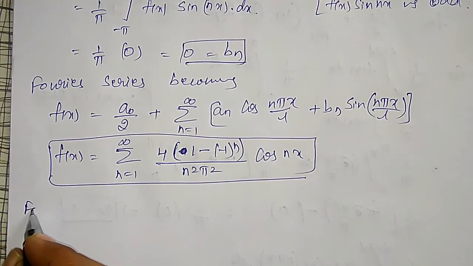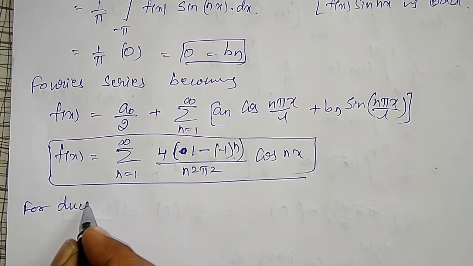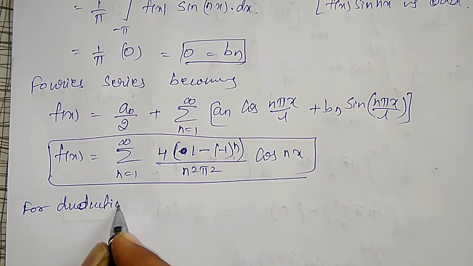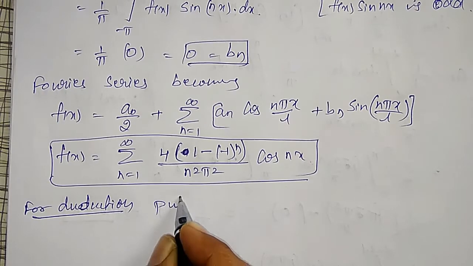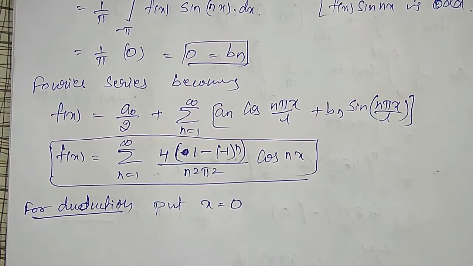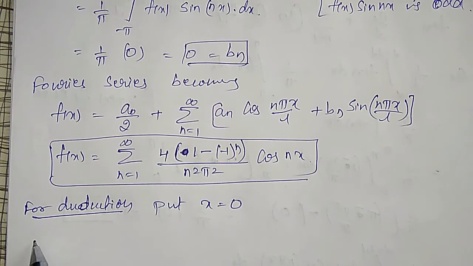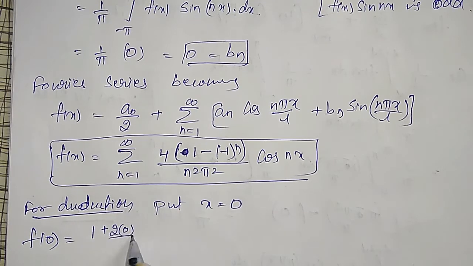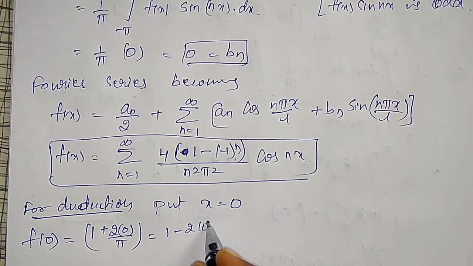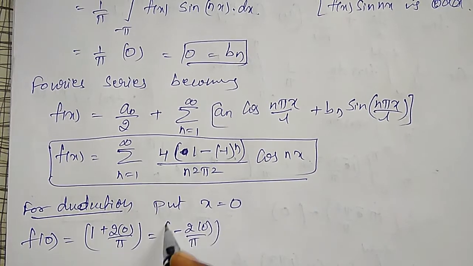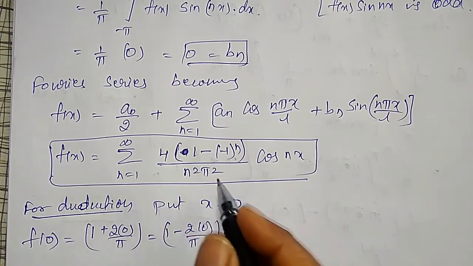For the deduction, let me put x equal to 0. At x equal to 0, my f of 0, that is 1 plus 2 into 0 divided by pi, or 1 minus 2 into 0 divided by pi, both are one and the same, which is equal to 1 on the left hand side.